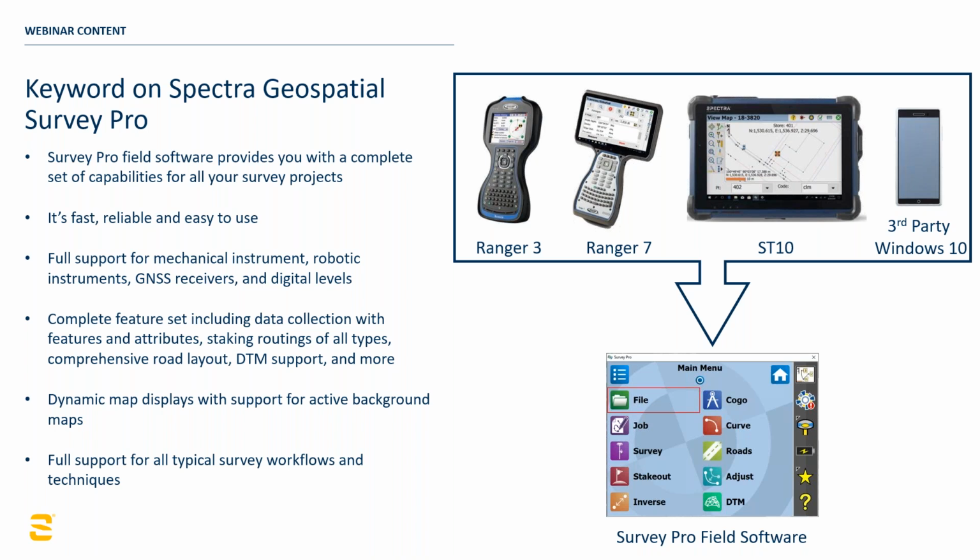It works with mechanical total stations, robotic total stations, GNSS receivers, and digital levels from Spectra Geospatial, from Trimble, and also from other brands. It's a complete set of features for data collection, staking, road layout, DTM creation, and DTM stakeout. It's also equipped with dynamic map for active background maps such as DXF.